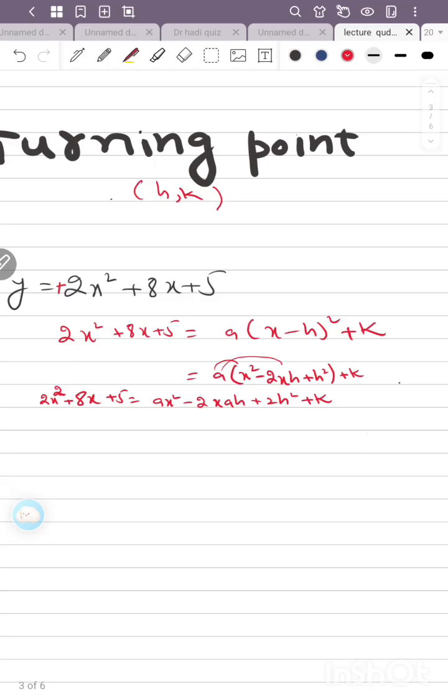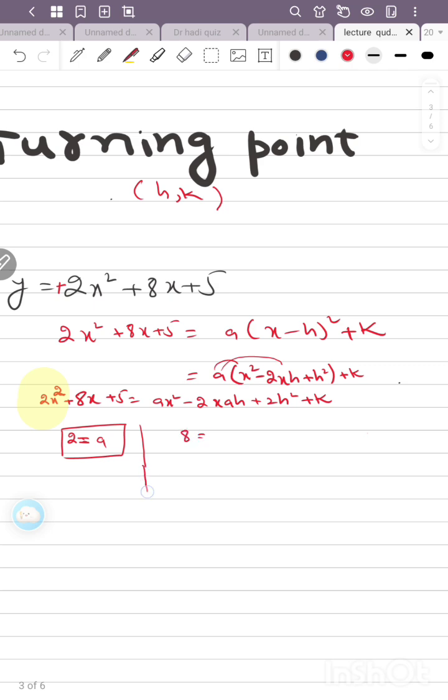Now we have to compare the coefficients. How do we compare the coefficients? Look at the left side: the x squared coefficient is 2. And on the right side the x squared coefficient is a. So we find that a is 2. After that, we compare the coefficient of x. On the left hand side the coefficient of x is 8.